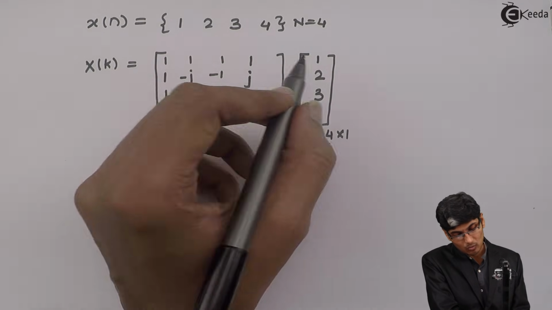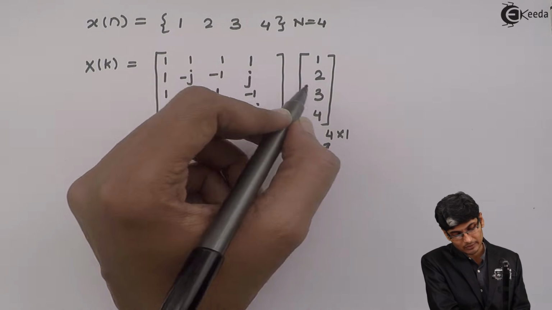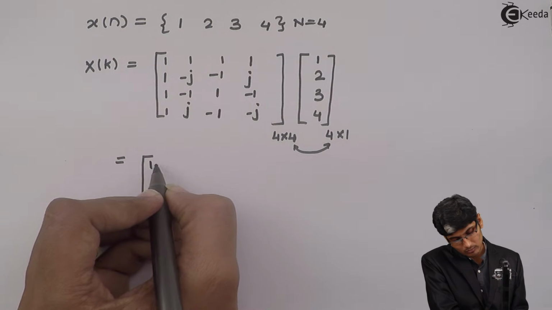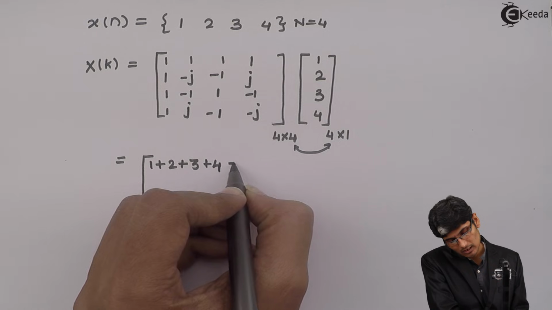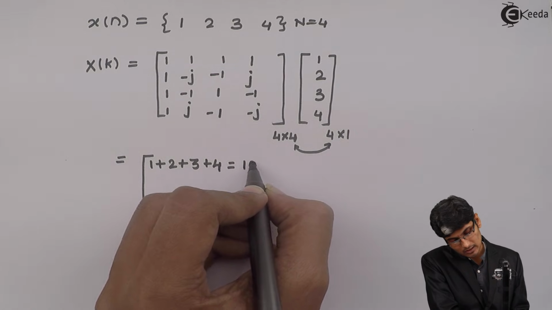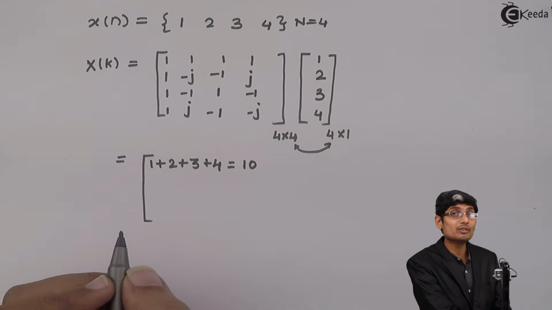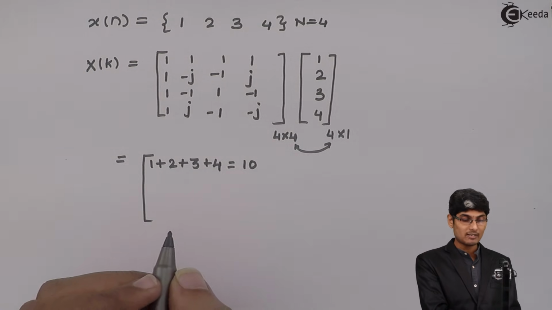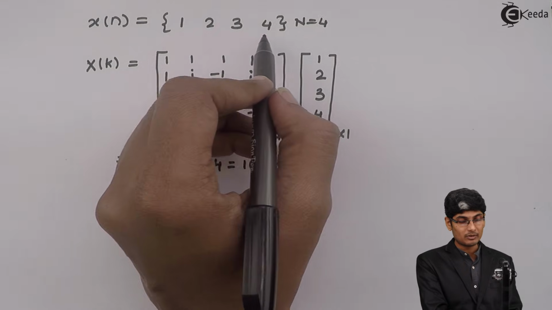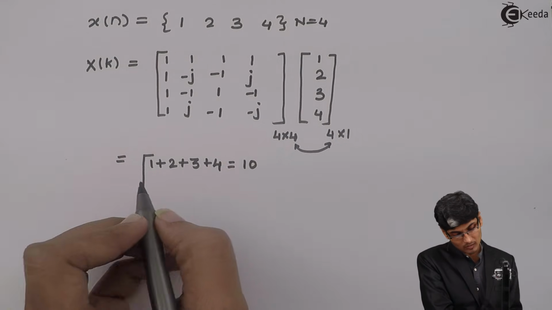I'll get 1 plus 2 plus 3 plus 4, which is equal to 10. Always remember, the first sample in the DFT is always the sum of the samples in x of n.